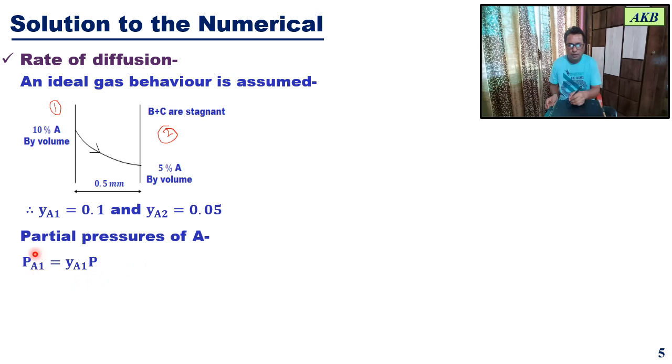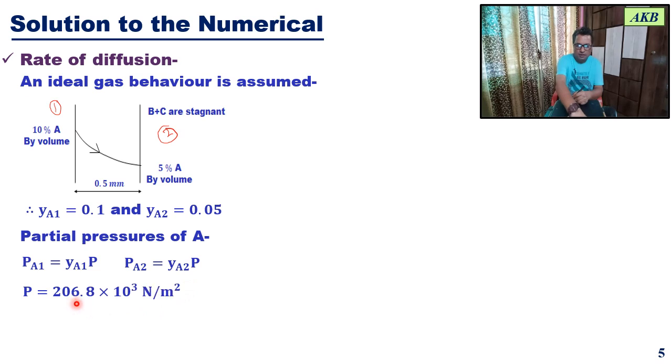We know partial pressure of a component in a gas mixture is equal to mole fraction of that component in the gas mixture into total pressure. Okay. So if mole fraction and total pressure is known to us, you can get partial pressure. So partial pressure is mole fraction into total pressure. Similarly, at the other end, Pa2 will be mole fraction at that end into total pressure.